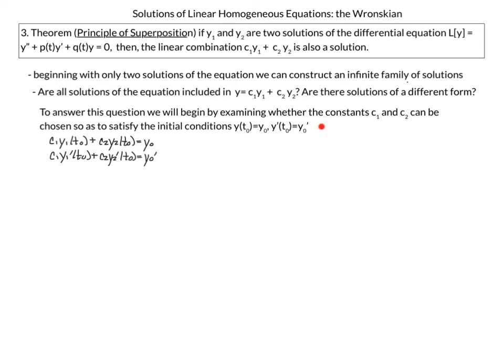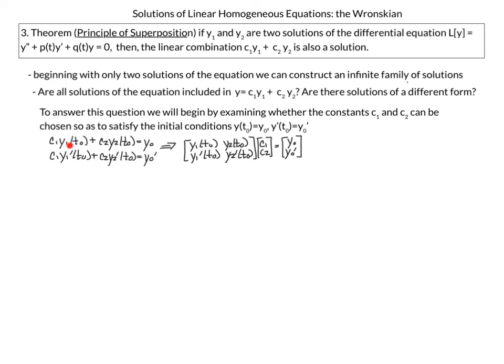For the second initial condition, we need c1 y1 prime of t naught plus c2 y2 prime of t naught to equal y naught prime. Taking a little trick from linear algebra, this system of equations can be represented by a matrix equation.